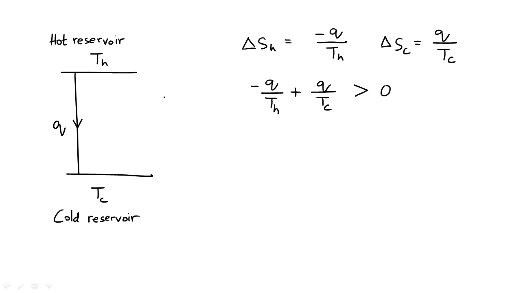If we consider the hypothetical process of heat transferring from the cold reservoir to the hot reservoir, like this, and calculate the change in entropy for this process, we find that minus Q by Tc plus Q by Th, the net change in entropy for this hypothetical process is less than 0.